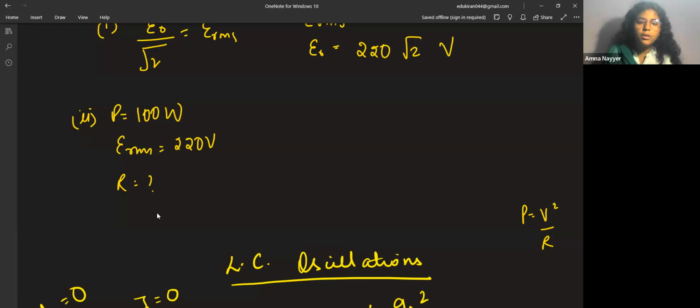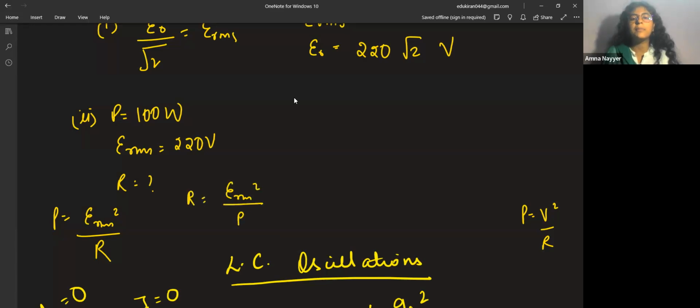So the formula becomes P is equal to ERMS square by R. So we have to find out R. So resistance will be equal to ERMS square divided by power.